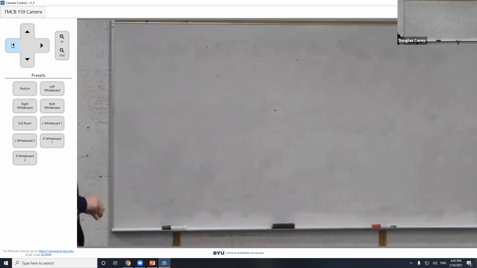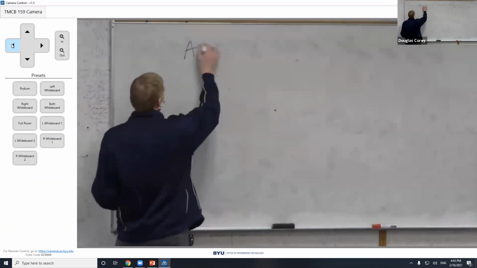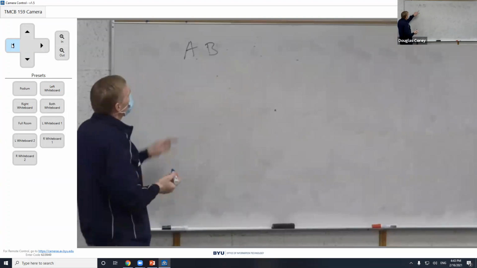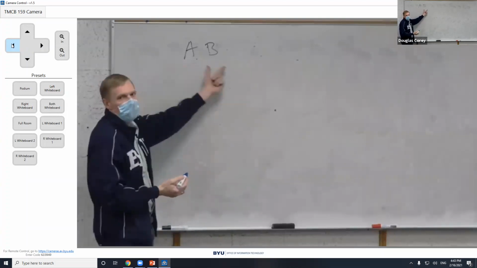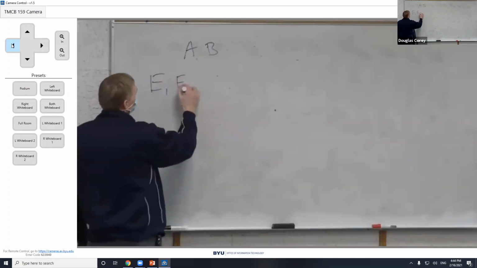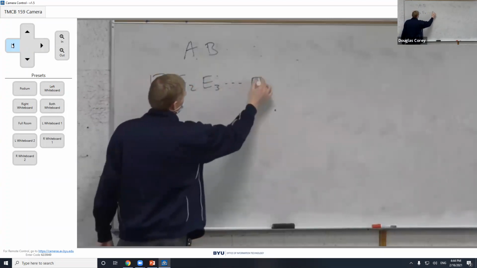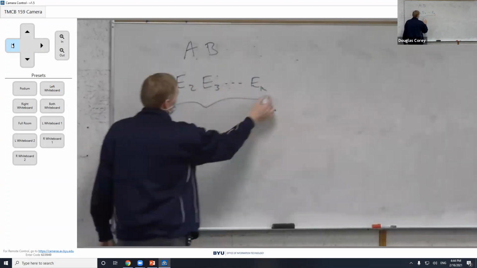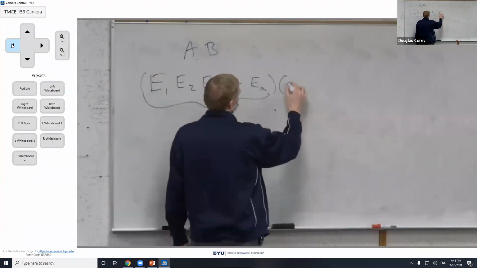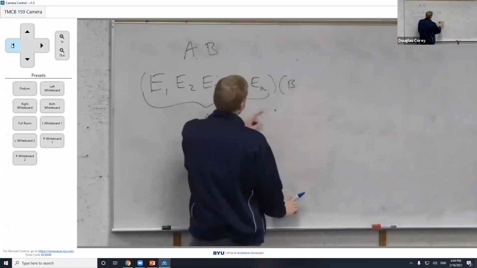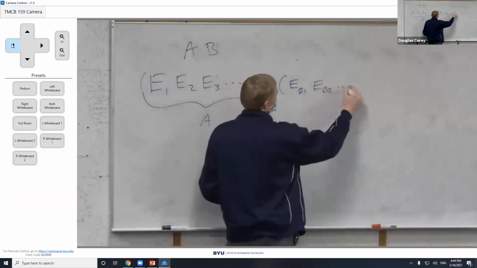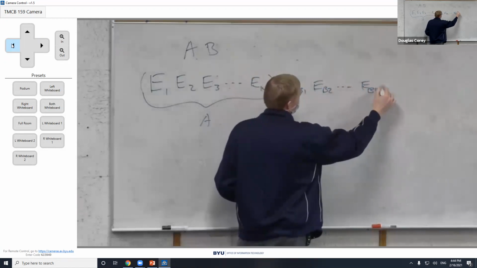But some people had the argument that it should be true because if I had two matrices, A and B, and I know that those are invertible, then I could rewrite each of these as a product of elementary matrices, sorry. E1, E2, E3, et cetera, to EK. So this might be A. And then I'll call the elementary matrices for B, EB1, EB2, et cetera, EBN.